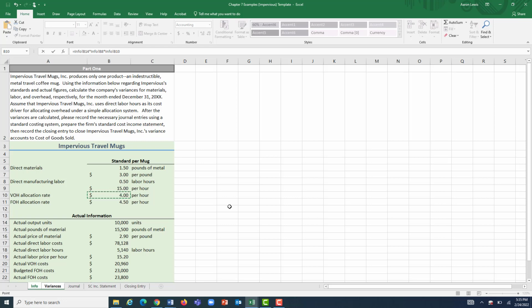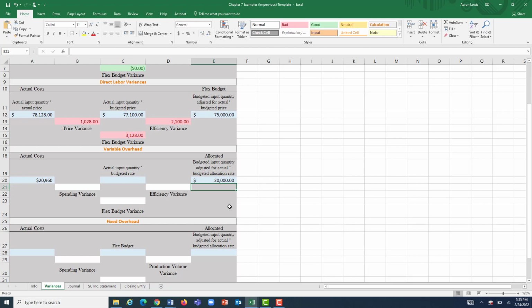So if we were allocating our costs at a rate of $4 for every labor hour, and we spent as long as we proposed to make those 10,000 units, well then under our standard costing system we will have allocated $20,000 of variable overhead to mugs during the period.